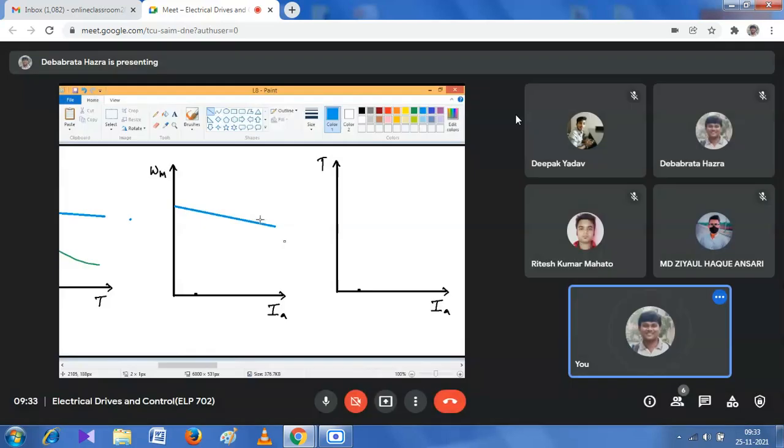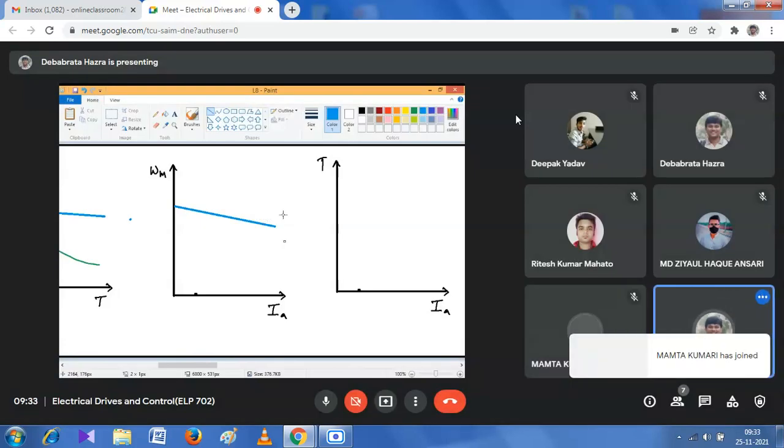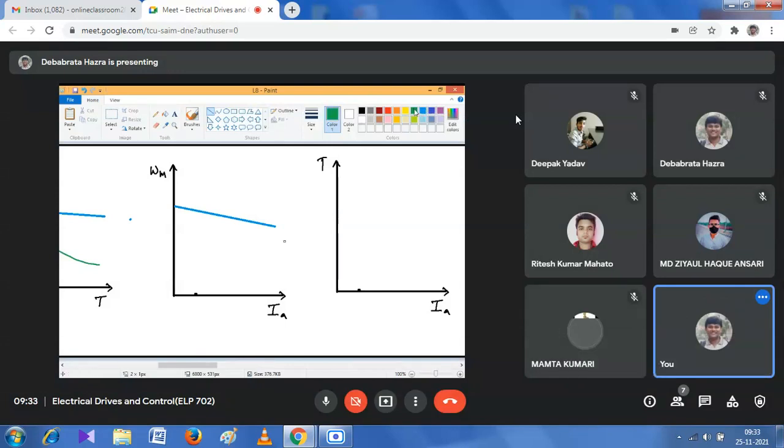That means the nature should be in drooping nature for shunt motor, and this is for series motor.